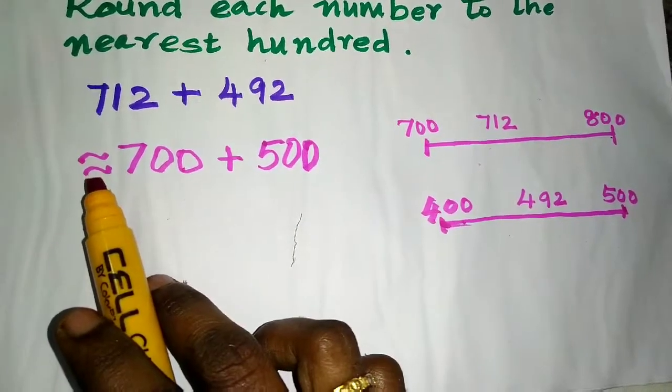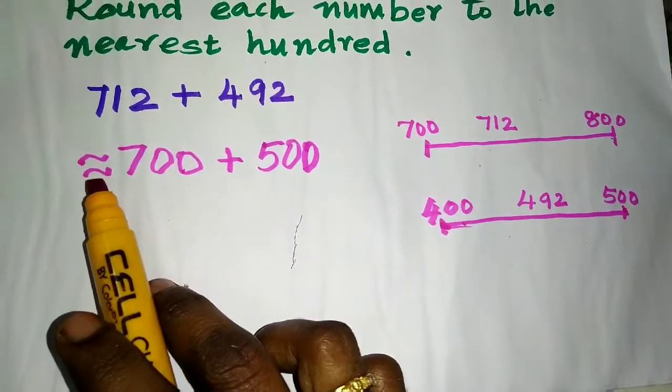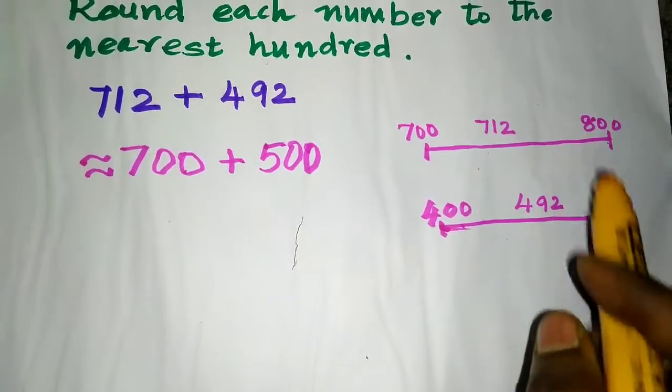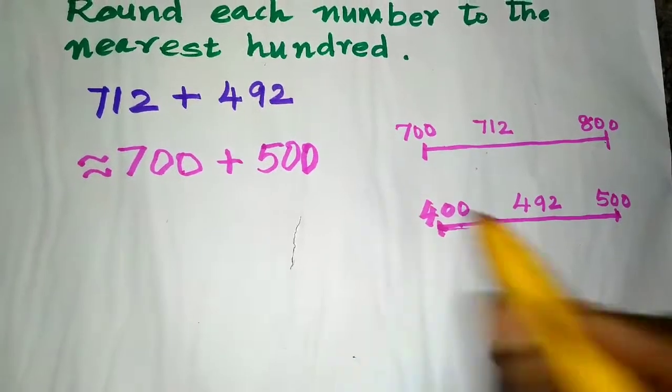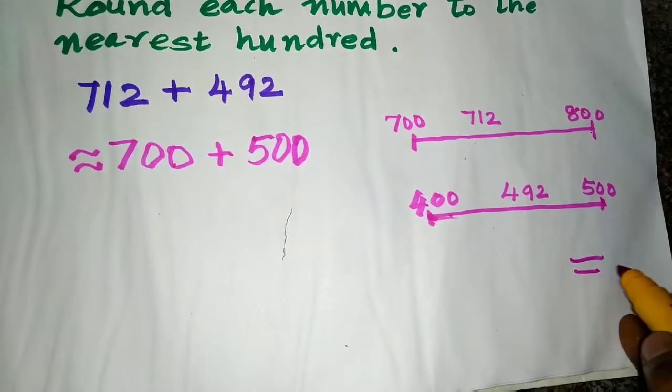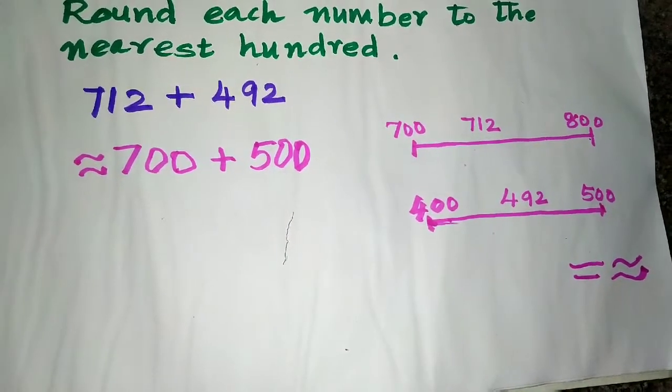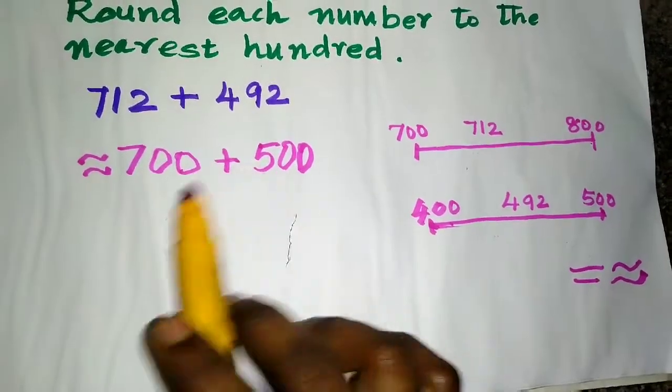Now the approximate symbol should be changed to the equal to symbol while adding the two values. You get the sum of these two values. We have to put the equal to symbol after summing up the values.